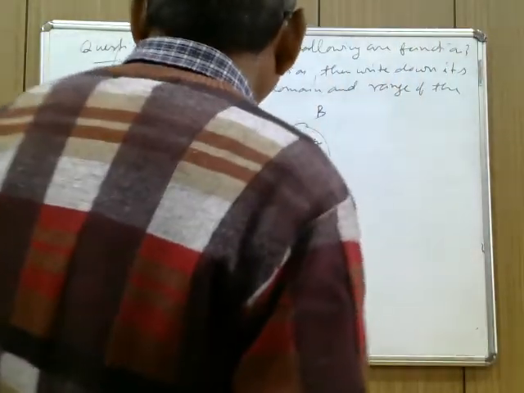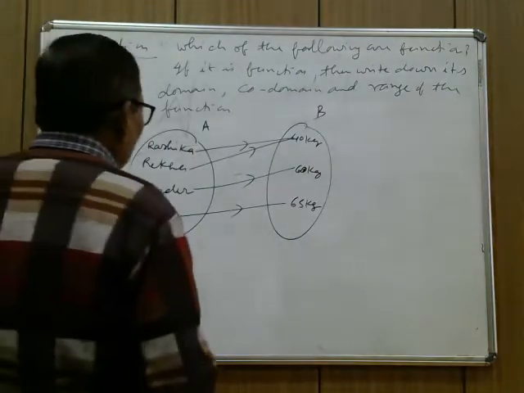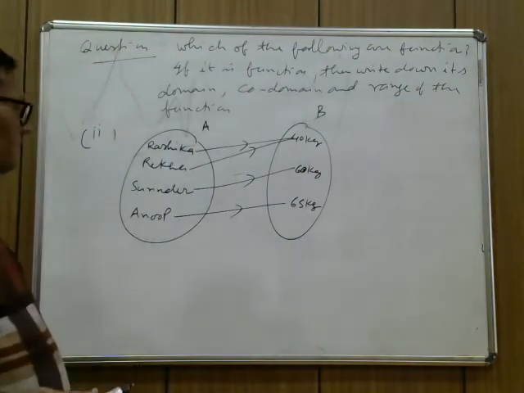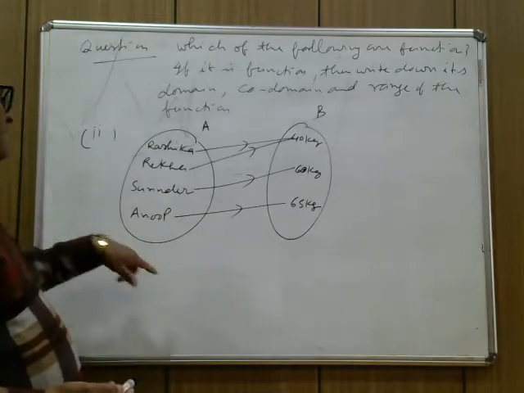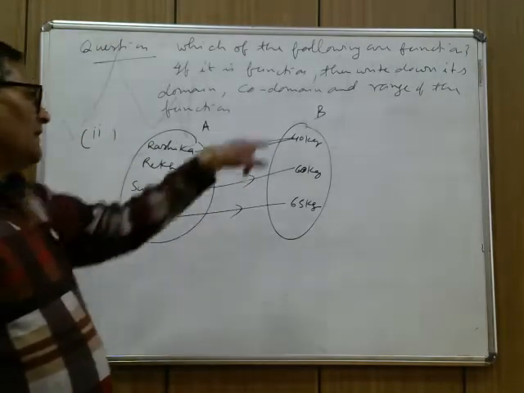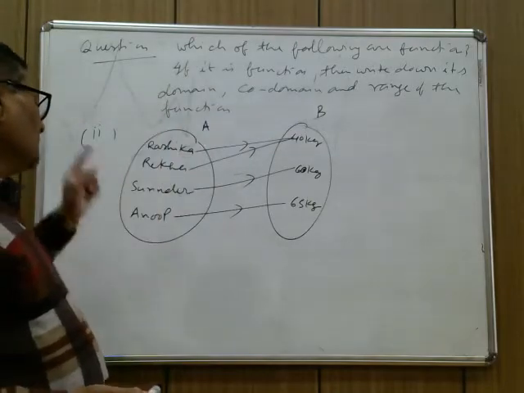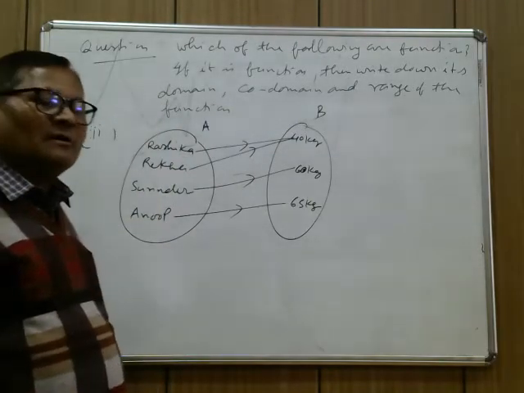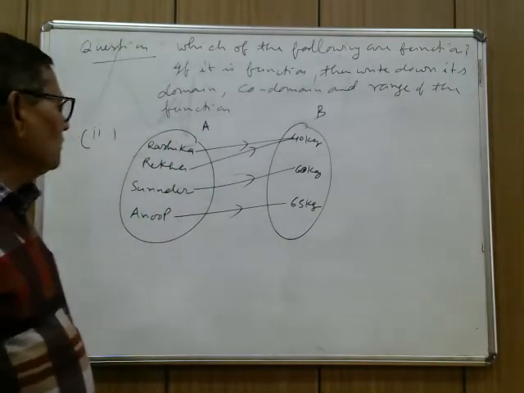Now again you have to find out whether this visual representation of the relation is a function or not. So in this case you see that two members have the same weight, but all the members of A are associated with an element of B. It means the weight of each member of the set A is shown here.